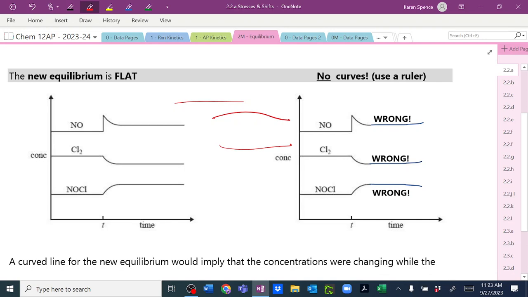Yes? Because this is wrong. That says the concentration goes down and then it goes kind of flat and then it goes up again. This one says it goes up at the end. This one says it goes down at the end. That is wrong. So use a ruler if you need to make a flat line.